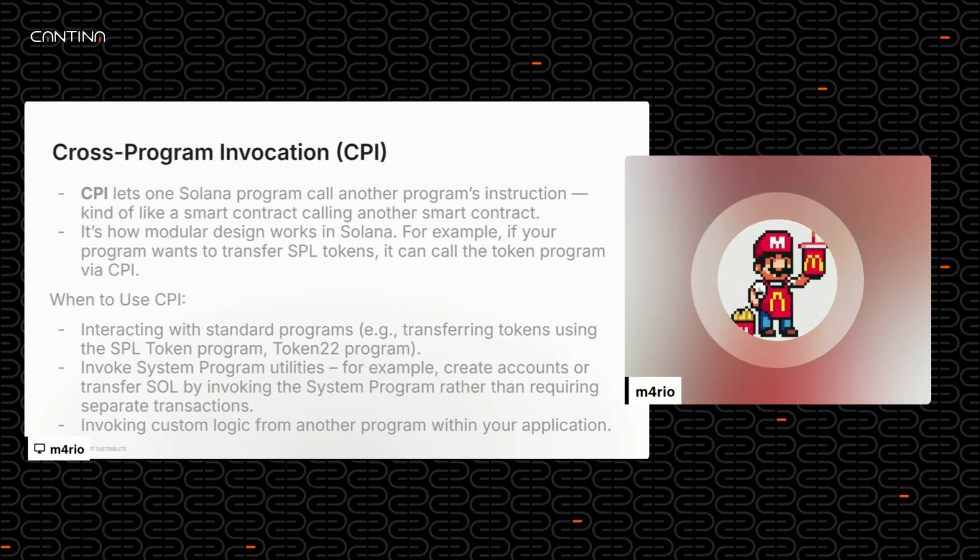And how to do that? Well, we use these CPIs, cross-program invocations, which are basically a smart contract calling another smart contract in EVM, or a program calling another program in Solana. This is how modular design works in Solana, right?